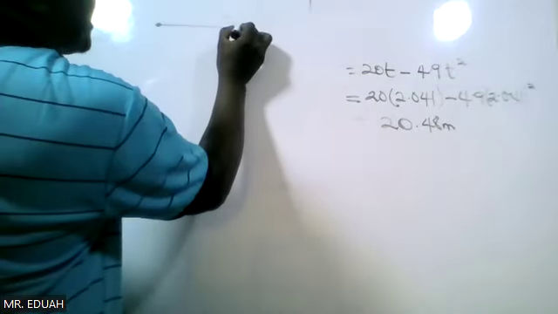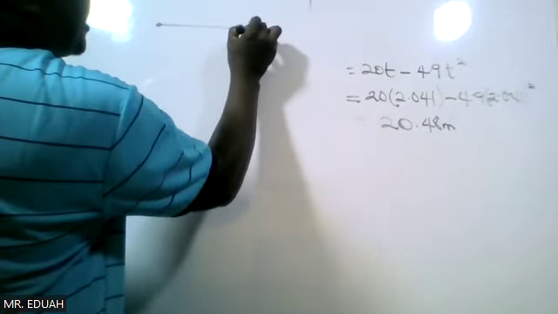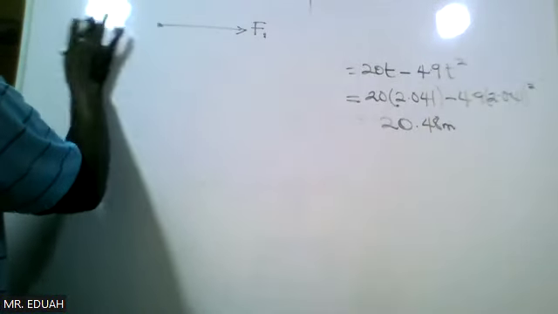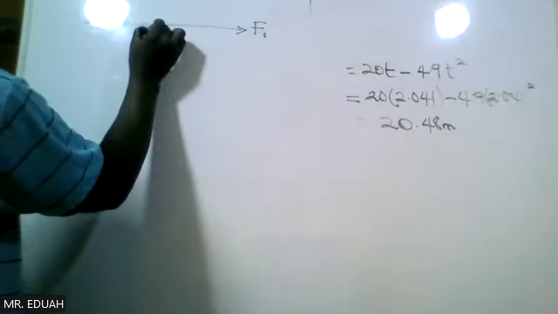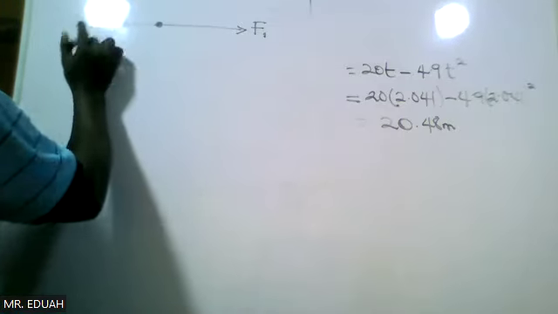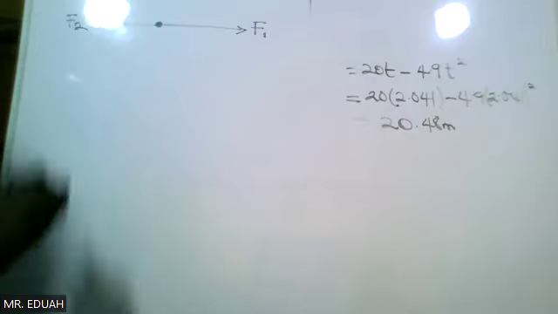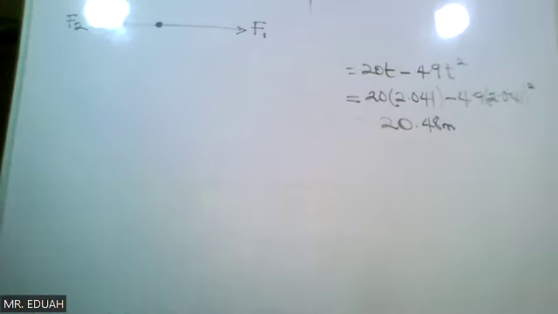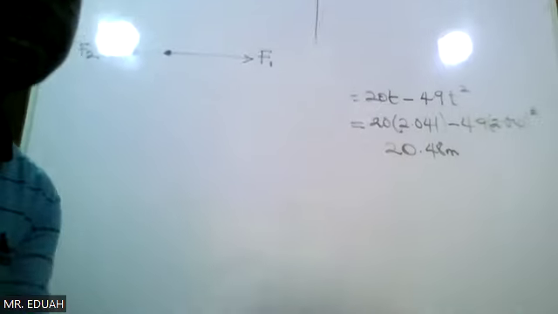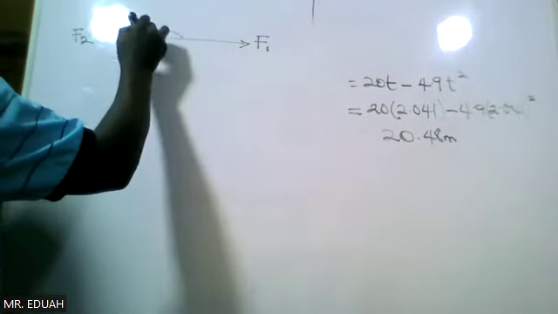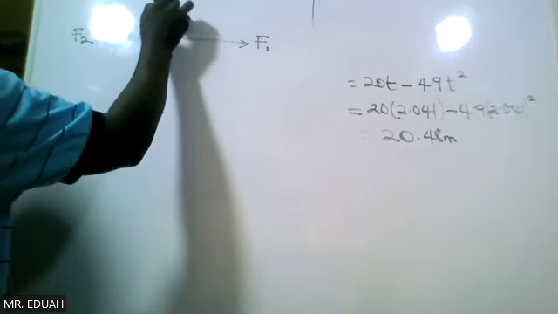When they act in opposite direction, F1 and then F2, and when two forces act in opposite direction, the angle between them, don't forget, is 180 degrees.